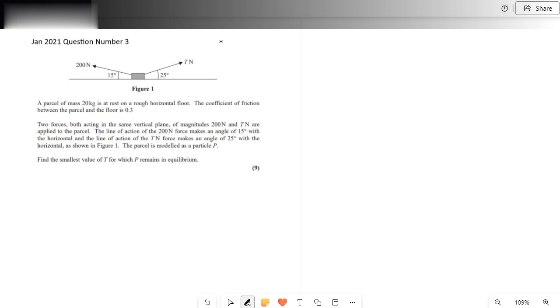In order to do this math, we have to understand the two possible ways the scenario can be. Either the parcel is about to move towards the right, meaning that the frictional force is going to act towards the left, meaning that the horizontal component of t, which is t cos 25, has to be greater because it is balancing F max.